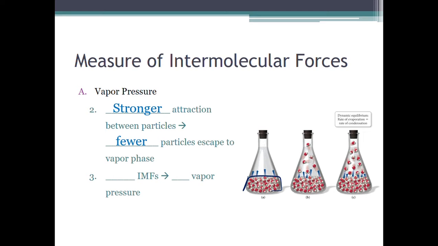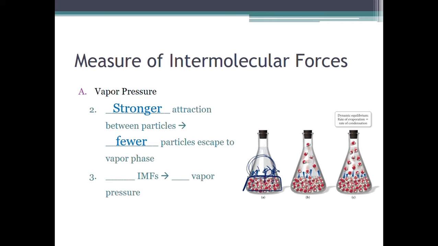If all of these molecules are so attracted to each other that they're super glued together, you're not going to get any vapor molecules. No vapor molecules means there's nothing creating pressure and you have a really low vapor pressure. Versus, if these are not attracted to each other at all, they're all going to fly into the vapor phase and you're going to get a ton of vapor and a ton of vapor pressure.